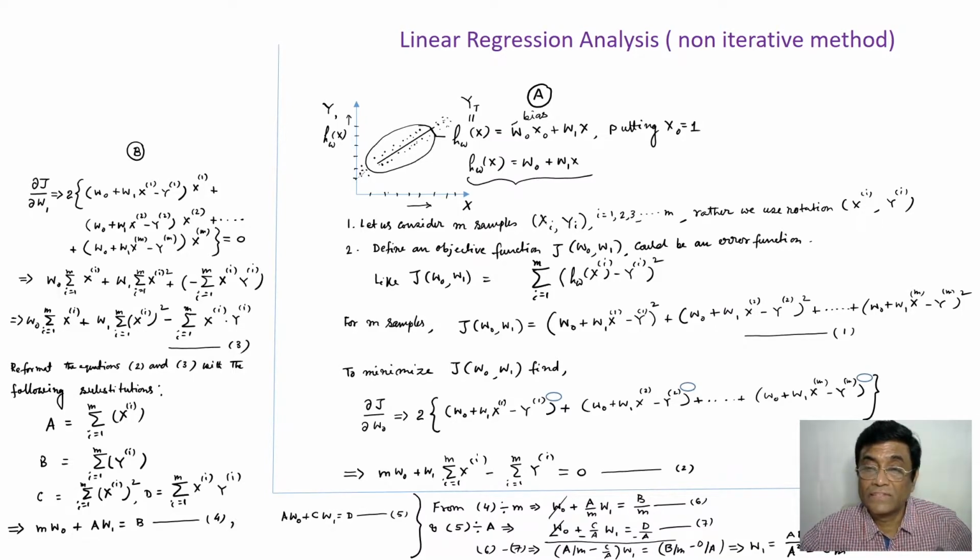We can denote in a generalized way x sub i, comma y sub i, that is, for each x I have a y. I have collected these for i equals 1, 2, 3 up to m. In subsequent discussion we will use this notation, x prefix i, y prefix i, where i equals sample 1, 2, 3, up to m samples.